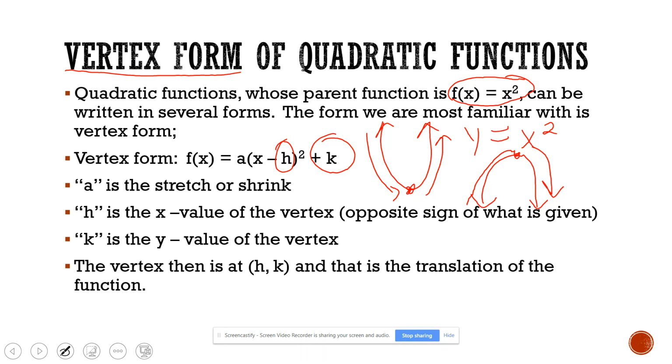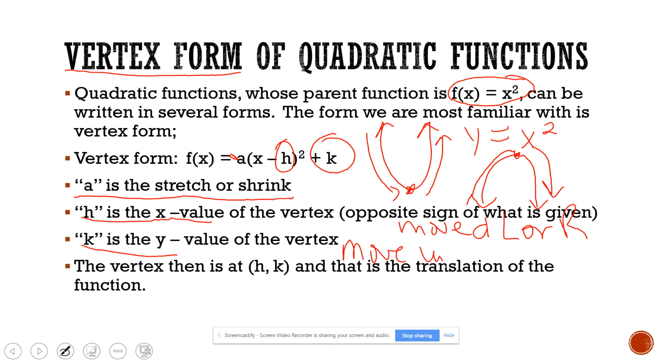So in our vertex formula, a is going to be the stretch or the shrink. We can also have a negative out here for that reflection. h is the x value of the vertex, and k is the y value of the vertex. h is also how far we've moved left or right, and k is how far we've moved up or down.